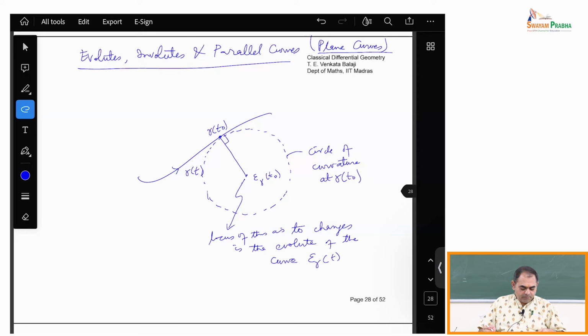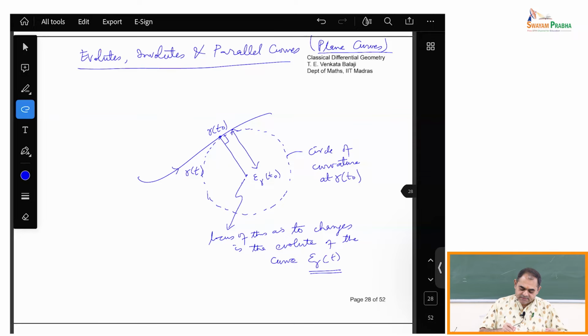But we have an expression for this. Mind you, how do you write this? We have already derived this. You see, this length is actually the radius of curvature.